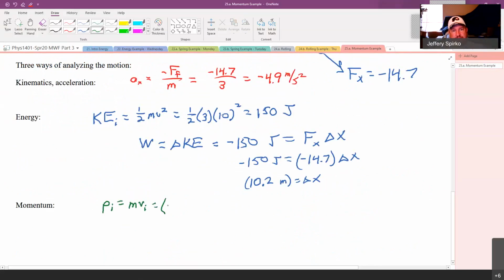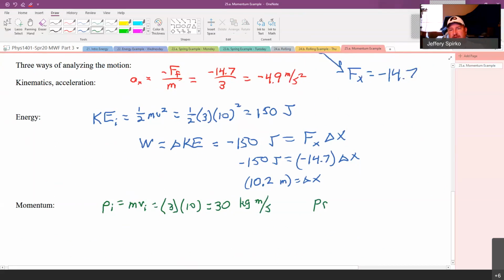And my mass is constant. I don't need to say initial mass, it's just mass. So my mass is 3. My initial velocity is 10. So my initial momentum is 30. And my units of momentum are mass, kilograms, times velocity, meters per second.